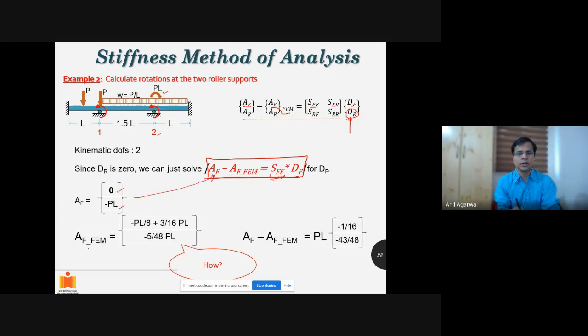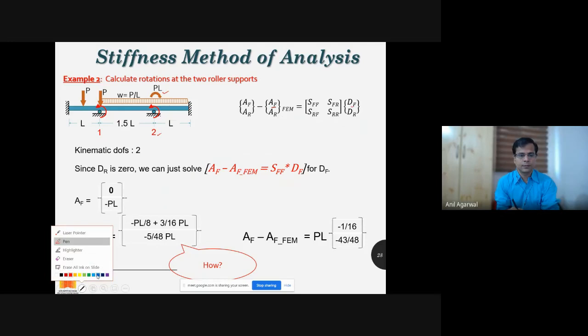AF is resolved. The issue is now AF FEM. If I had this member, let me erase this again, just to reduce the clutter. Let me take a blue color. So you had this member, this end was fixed, then you have a roller support here, another roller support here, then this end is also fixed.